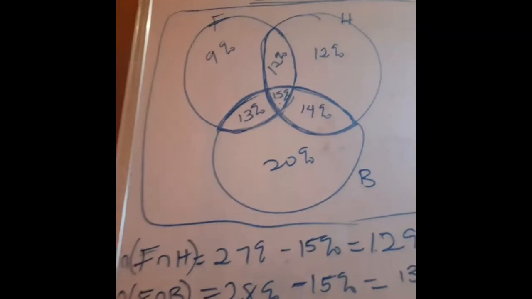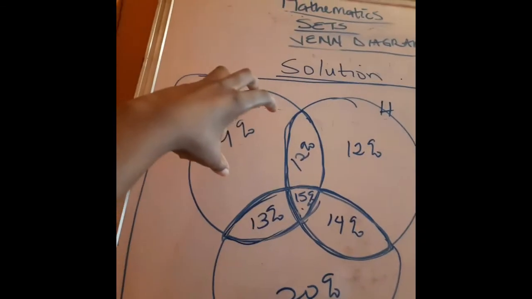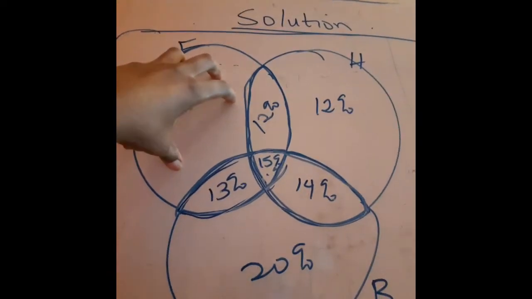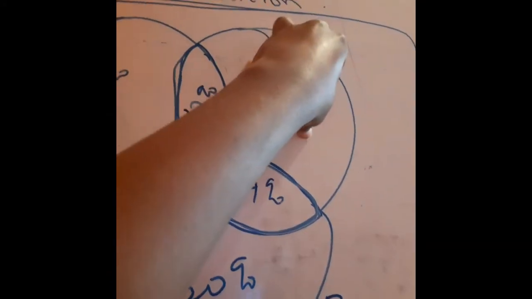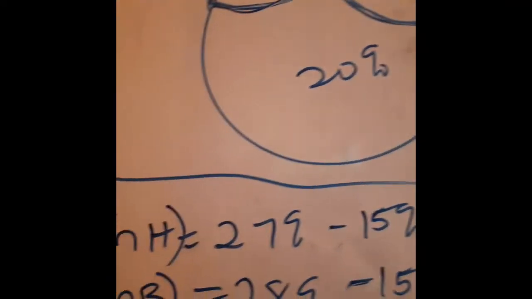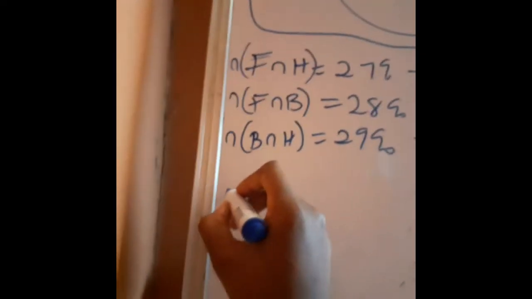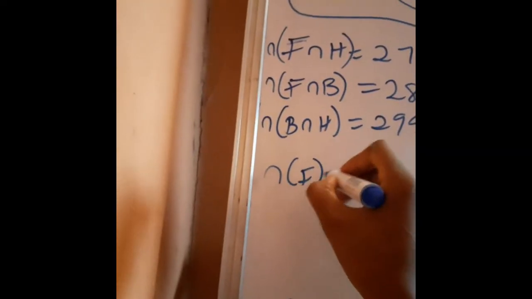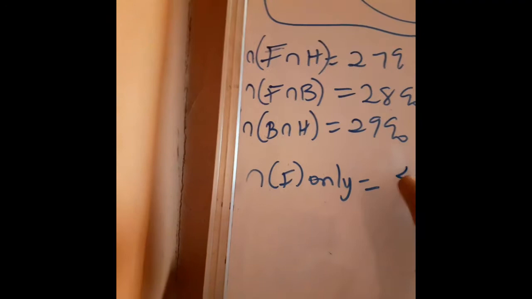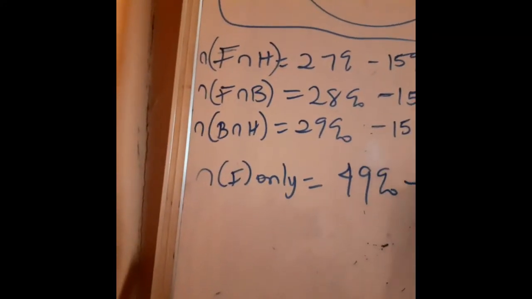are what we are going to use to get the total number of those that like football only, which is this place. Total number of those that like hockey only, which is here. And total number of those that like basketball only, which is here. And to do that, what you just do is, for N of F only, we'll say 49, which is the one we are given in the question, 49% minus everything here.